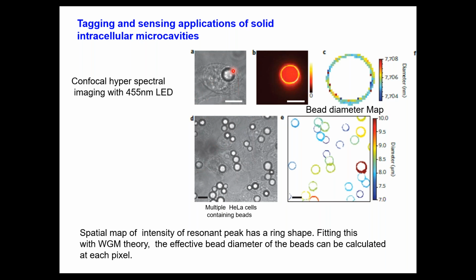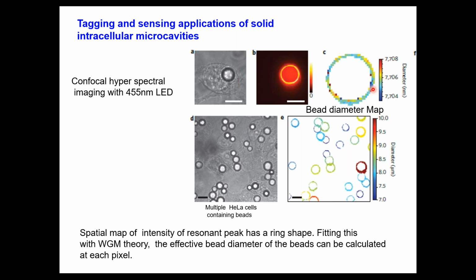So when one shines light on such a biological cell sample, you can see the laser that is emitting, something like the whispering gallery mode lasing emission that is happening from that bead. And this intensity pattern or the image is analyzed using a hyperspectral imaging technique. Hyperspectral imaging can very well resolve the frequency components, the color components in this.